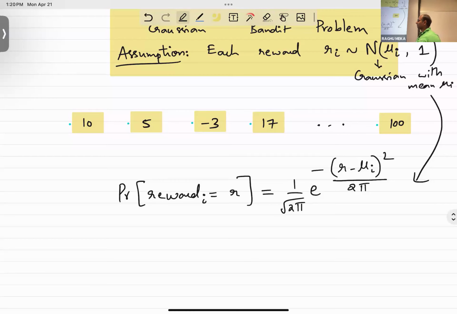The exact form is not important. We're going to use some meta properties of the Gaussian which make it all work. All you really need is some bound on the variance and some tail bounds.